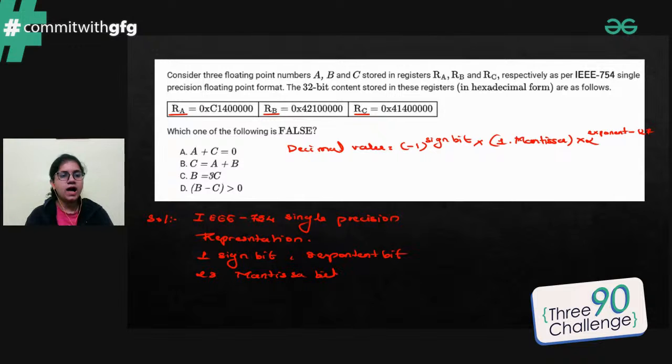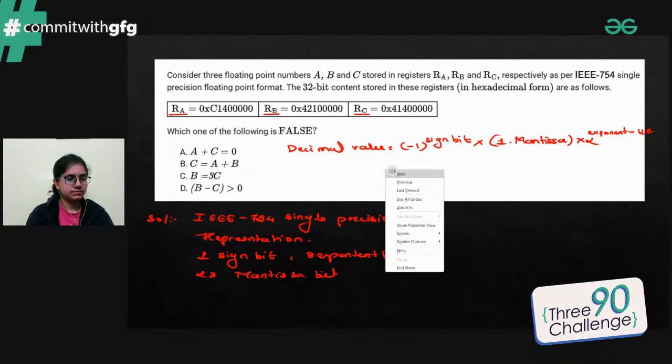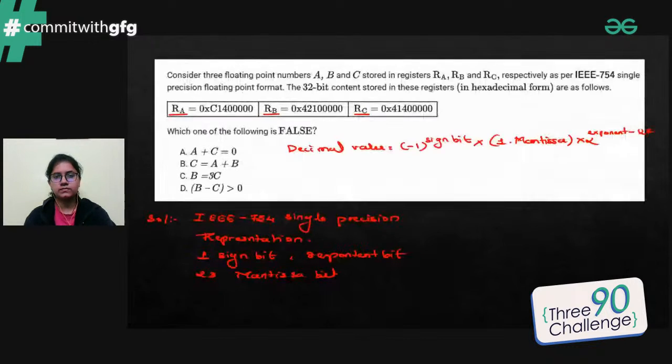So RA is given to us. Let's consider this RA. This 0x basically represents hexadecimal. This is not any value; it is the representation that the number is written in hexadecimal.